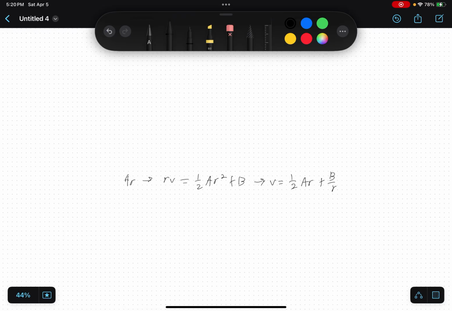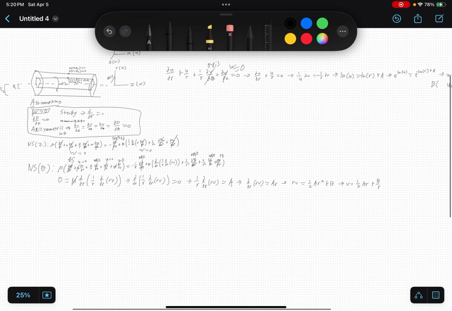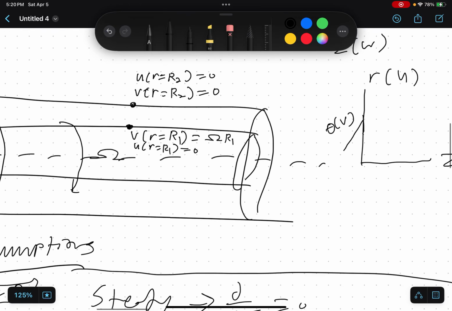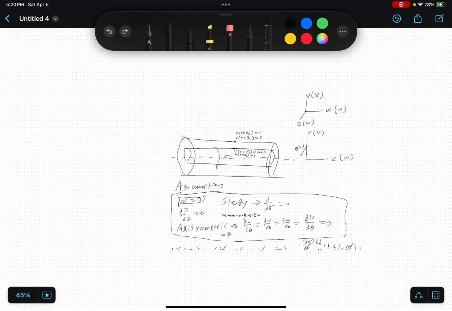And that is wild, isn't it? Now we have our two boundary conditions. We have that v at R1 equals omega R1, and v at R2 equals 0. So let's do that one first.